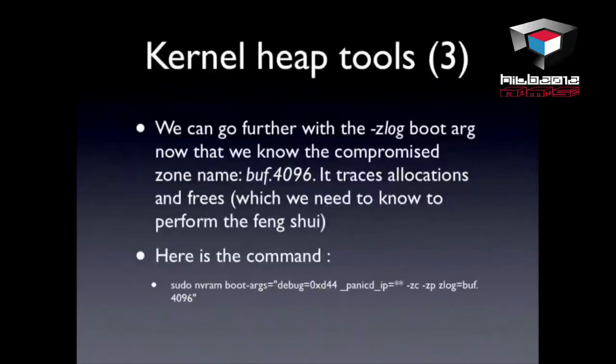So now we can add this special boot arg that will trace allocations and frees, which is really nice to know when you want to perform the Feng Shui. So here is the command to zlog the special zone.